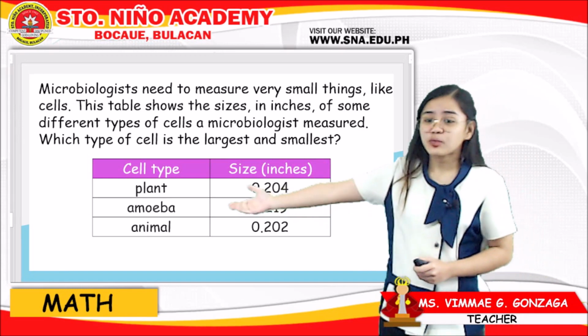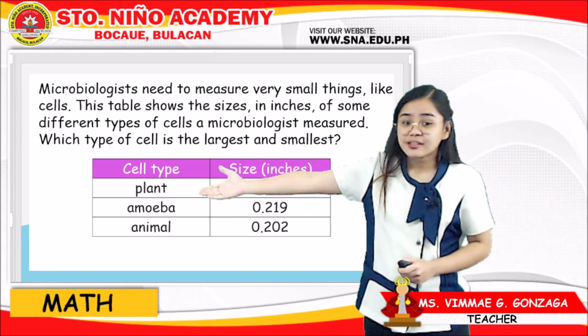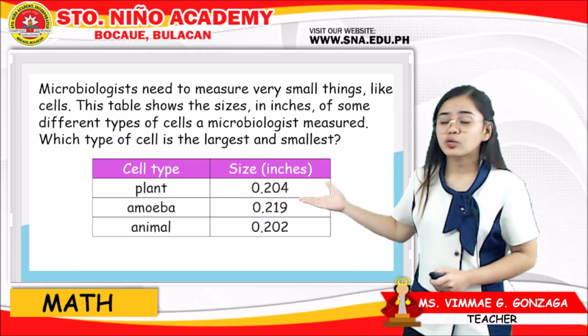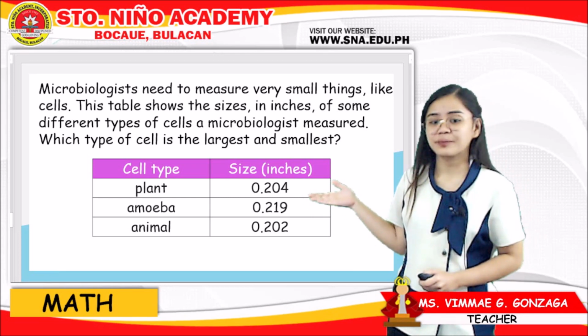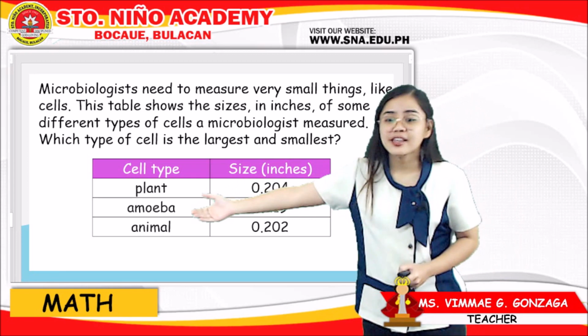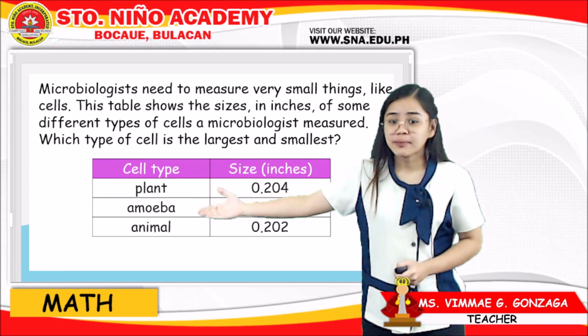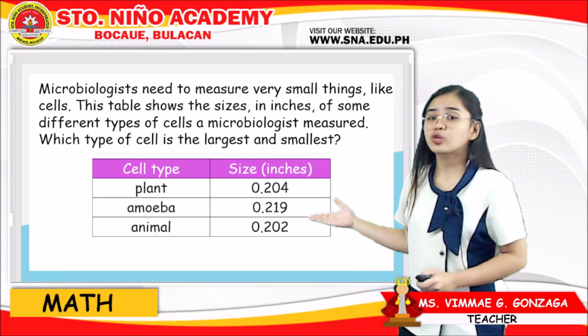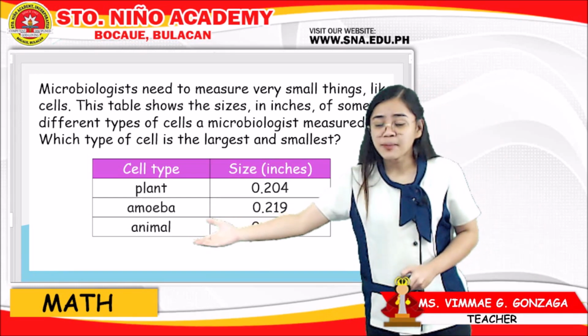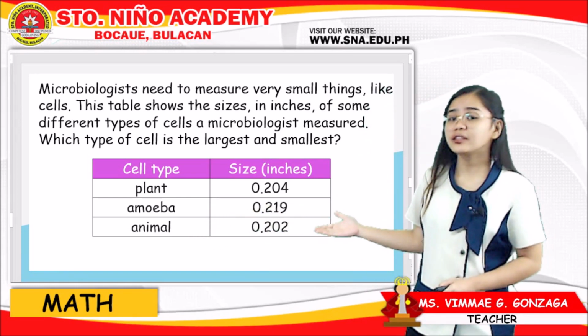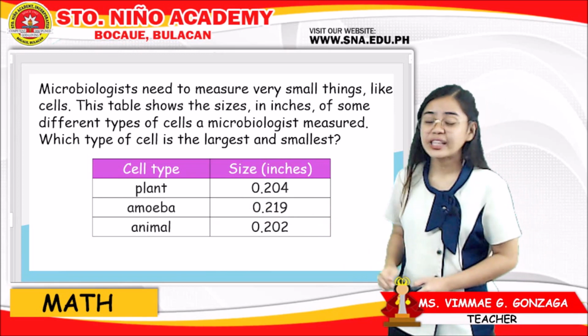So first is we have here plant cell, and that is 204,000 inches. Next is we have here amoeba cells, that is 219,000, and then animals 202,000 inches.